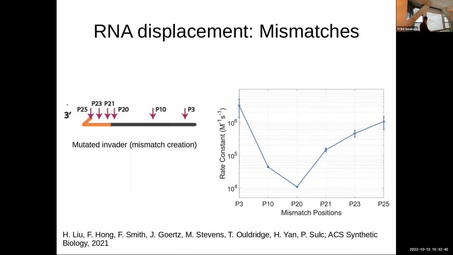And it indeed is what we saw happening here. This is actually a measured rate per molar per second. The rate is the slowest for the mismatch closest to the start of the branch migration. And the further away you are from the branch migration, the less important the effect is. This was confirmed by simulations before. I didn't show the data.